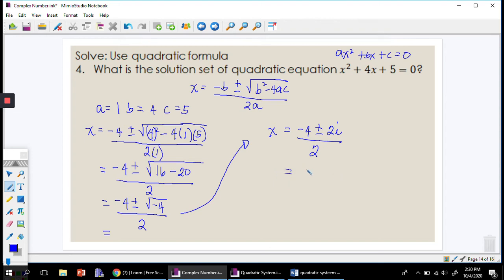And to simplify this, we are going to divide both terms in the numerator by the denominator 2, so that will be negative 4 over 2 plus minus 2i over 2. Negative 4 divided by 2 is negative 2, plus minus 2 divided by 2 is 1i. We don't write 1 for a coefficient. So negative 2 plus minus i.